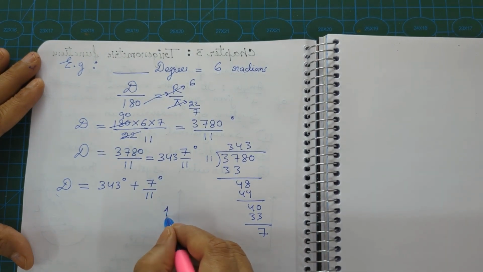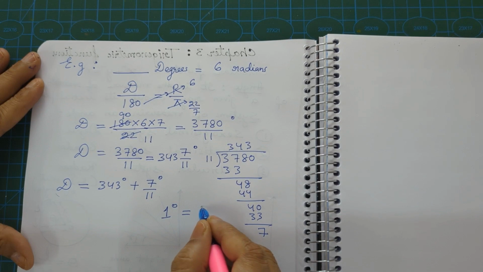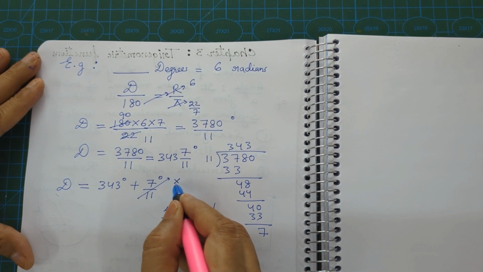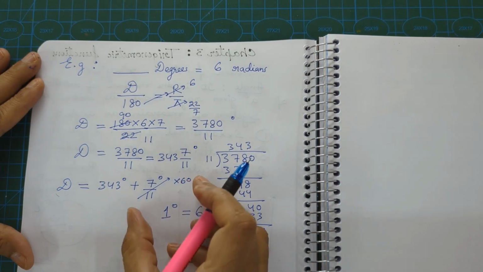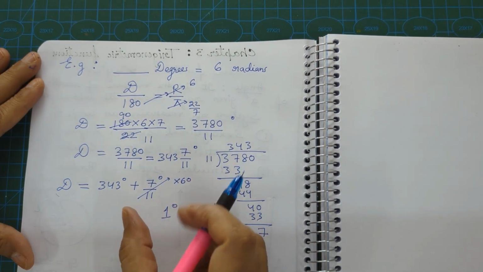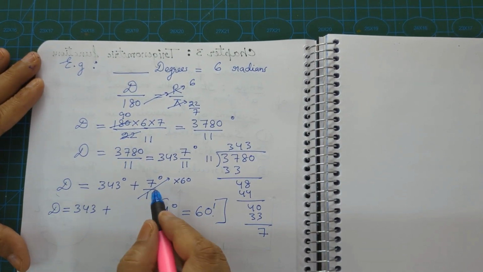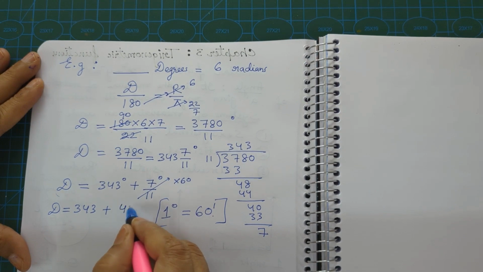Now we should remember that 1 degree is 60 minutes, so to this we will multiply 60 to get the answer in terms of minutes, and further seconds. 7 into 6 is 42, and we have an extra 0, over 11, and this is in minutes.